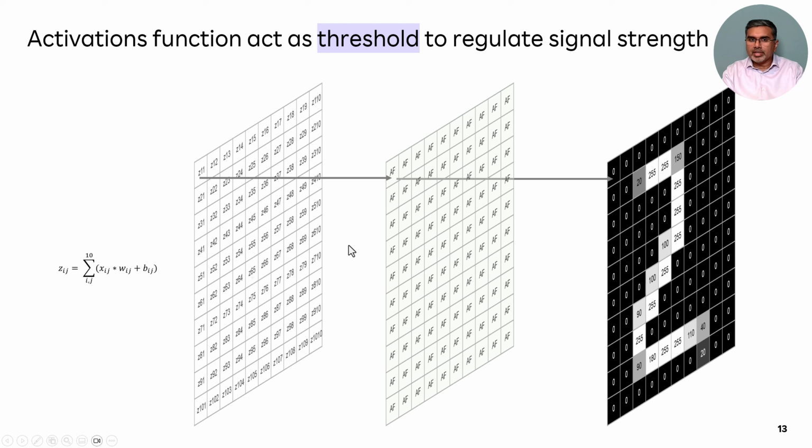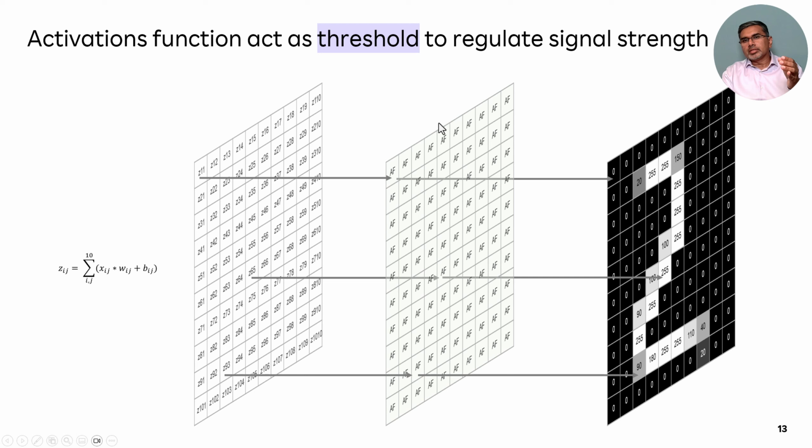For example, let's take another neuron here, say Z65. It goes through this activation function. Here, it should emit a value of 255. Essentially, it is activating this entire neuron at its full strength. Let's take another value, Z93. It is activating it to a lesser intensity.